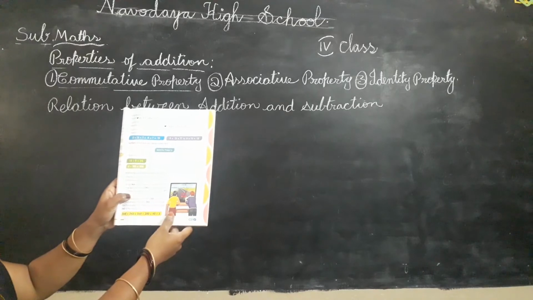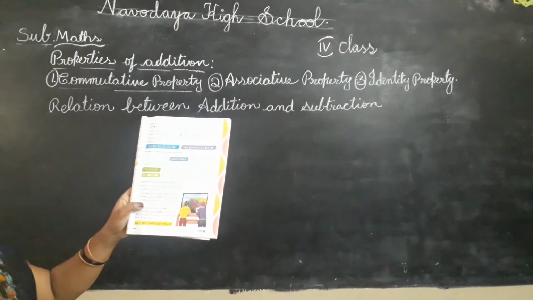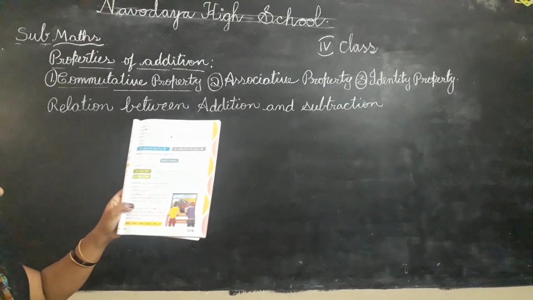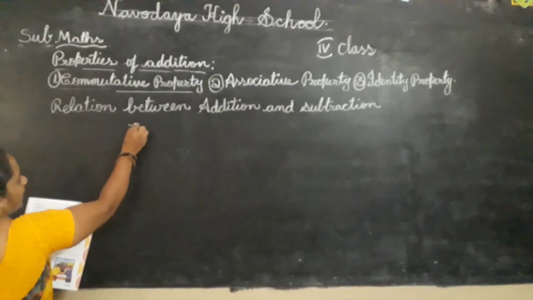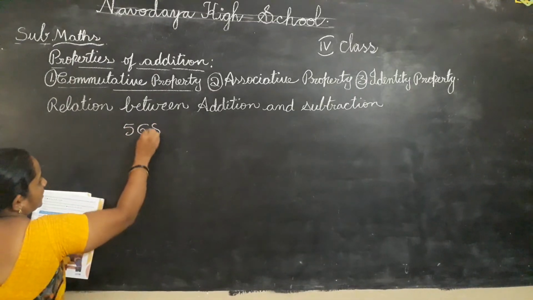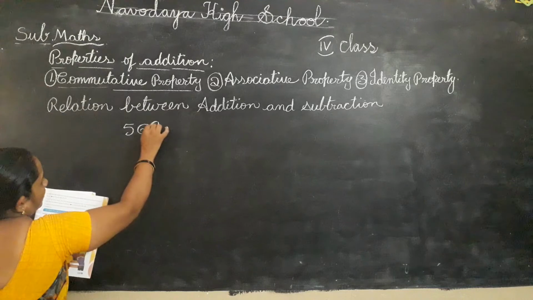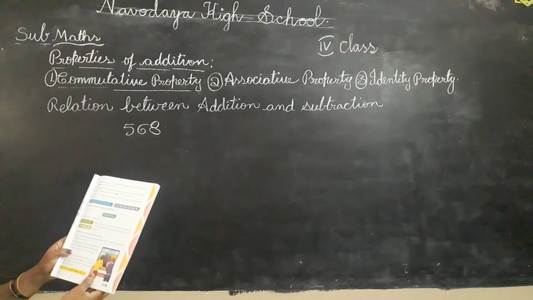Next one is the relationship between addition and subtraction. Look into your course book, children. There is an example. A boy is playing a video game, Ravi. He got 568 points in the first game. And he played the game a second time.